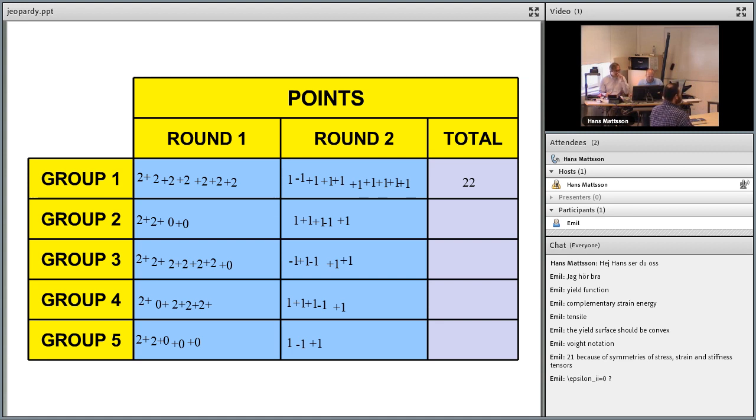So then it seems like we are finished, and we should calculate the total points here. And Per will give the prize to the winning group here. Correct me if I'm wrong now when I'm calculating.